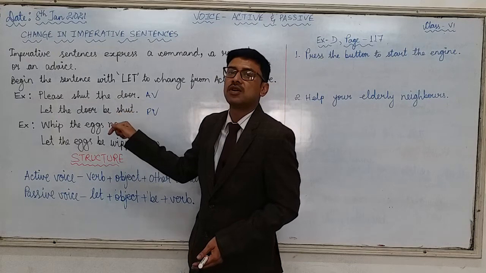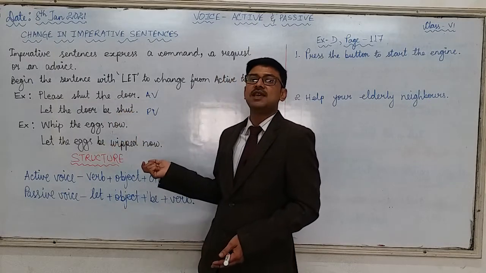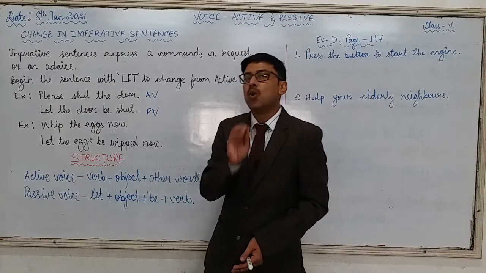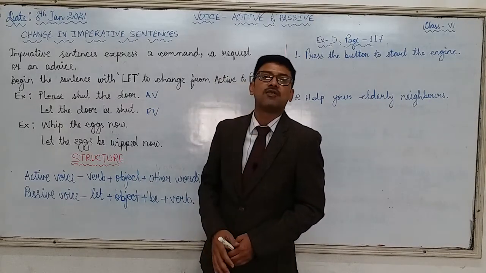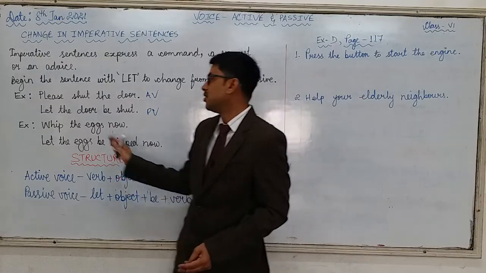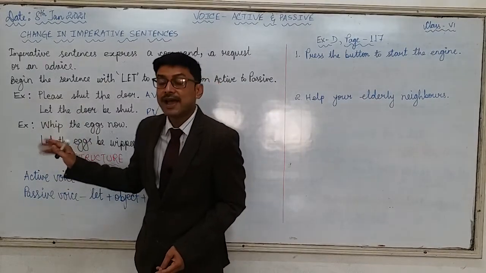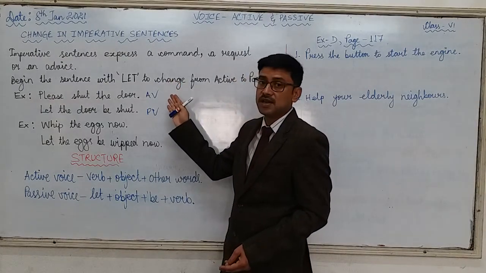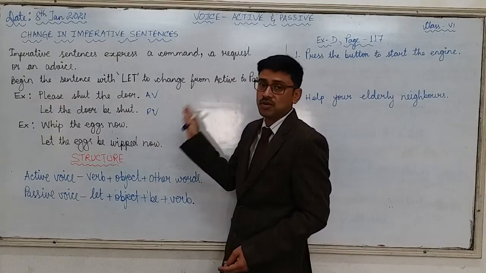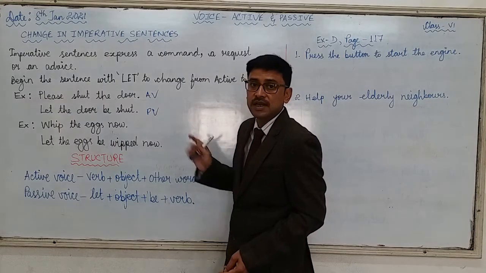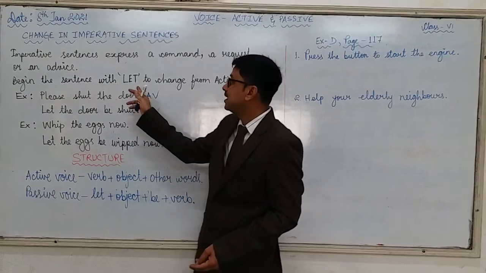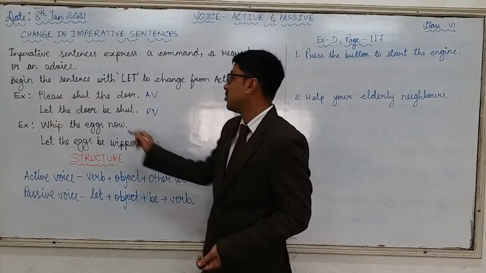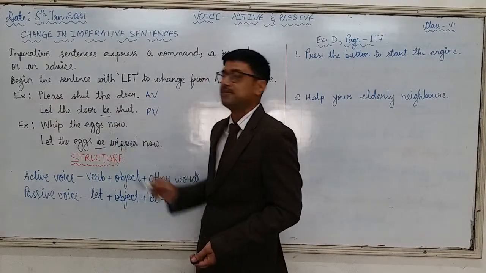We are not using were or being or been or had or will. So one good thing for all of us is that we do not have to think about the tenses. We simply add let, and one more thing that we are adding, can you tell me? While changing an imperative active sentence into an imperative passive sentence, apart from adding let, we are also adding be, in both the cases.